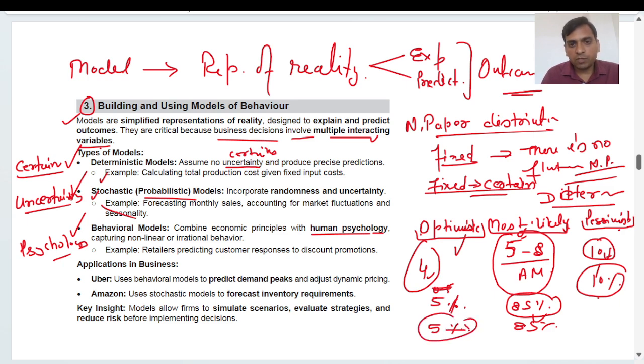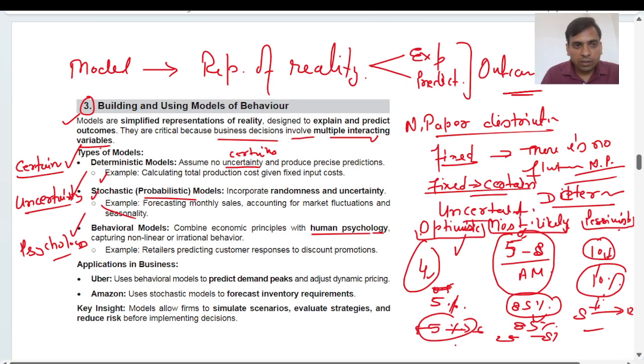This 85% may become 87% or 79%, and a minor change in the others, like 8% to 12%. So this concept is totally based on probability, because things are not fixed, things are uncertain. Right? So this concept is called stochastic models.